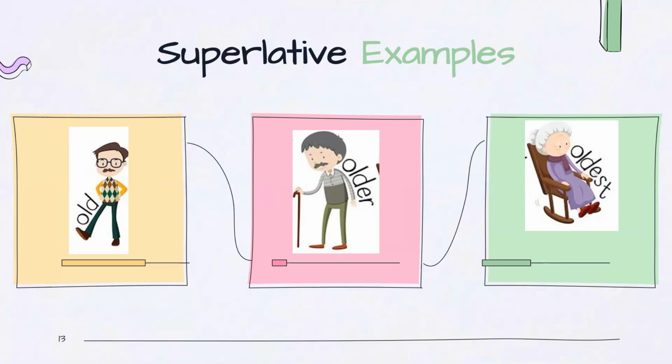So if we use it in a sentence, my grandmother is the oldest in my family. Remember that the oldest is the superlative form of old.